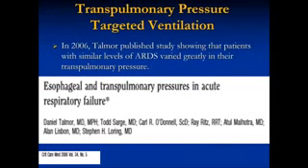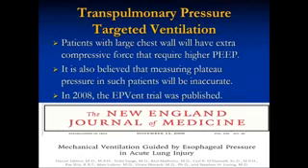So this interest started more than 10 years ago. Talmor at Beth Israel in Boston started interest in this, and he published in 2006 that patients with different levels of ARDS varied greatly in the transpulmonary pressure measurements. Then he started this randomized trial in 2008.